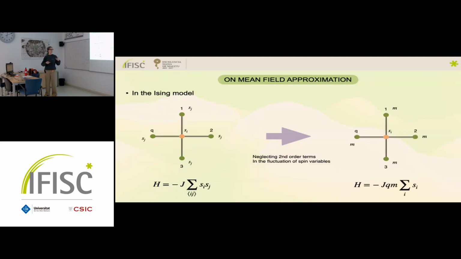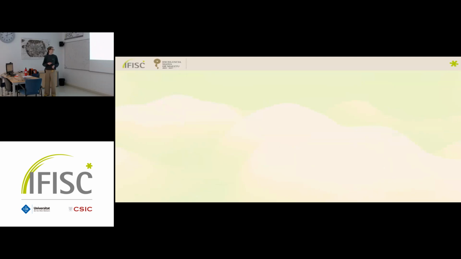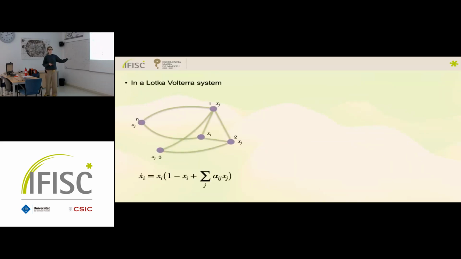We can use this idea and apply it to Lotka Volterra systems. So what is a Lotka Volterra system? Basically, it is a network in which species interact with each other. We can take into consideration a species xi, which interacts with all the n species to which it is connected. We have an interaction term that involves a sum.